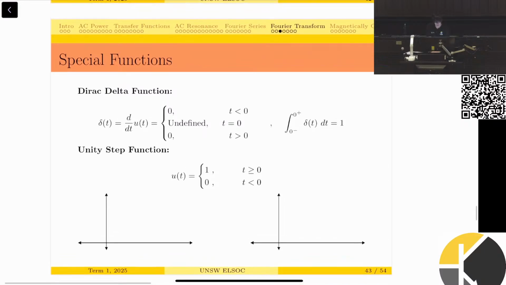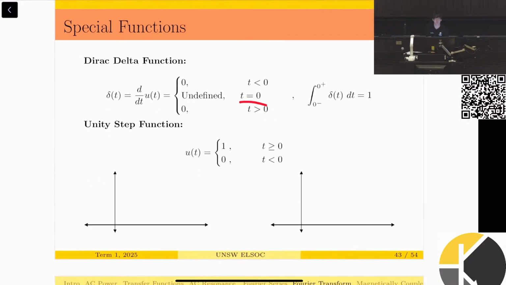So when we do Fourier transform, we'll come across two very important functions. The first one is the Dirac delta function. Dirac delta is defined as being 0 everywhere except when t equals 0. At t equals 0, the height of it is undefined. The way I might explain how this function comes about is through this condition, which is that the area under this undefined impulse is 1.